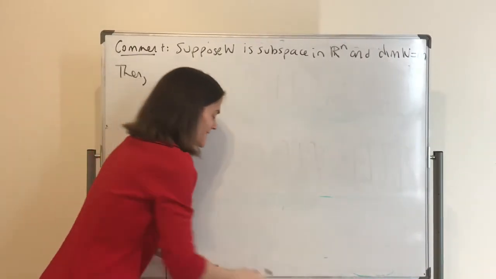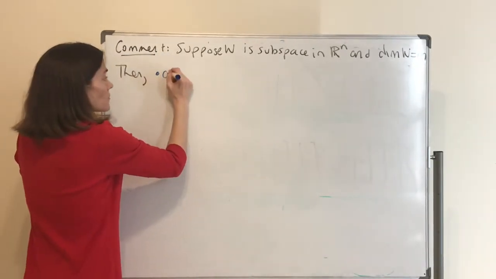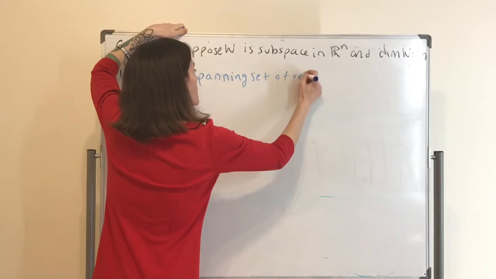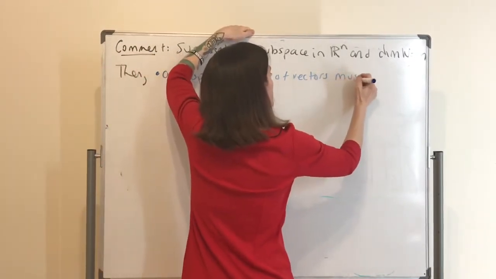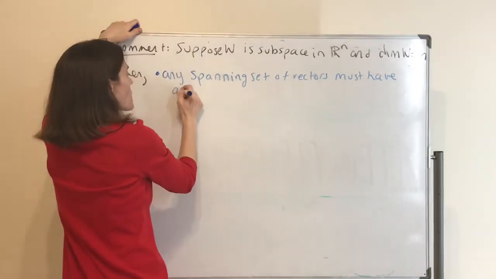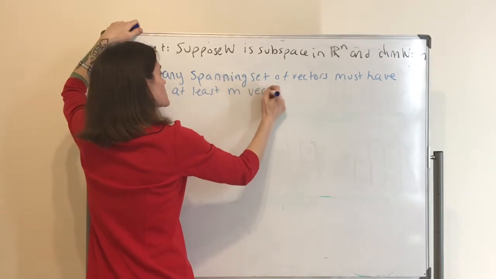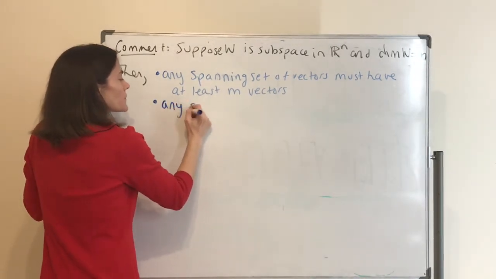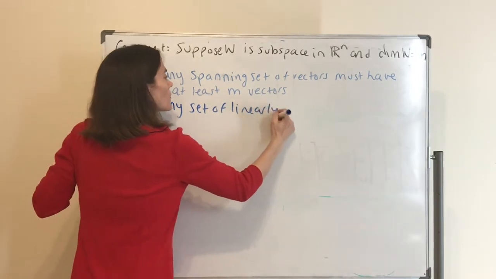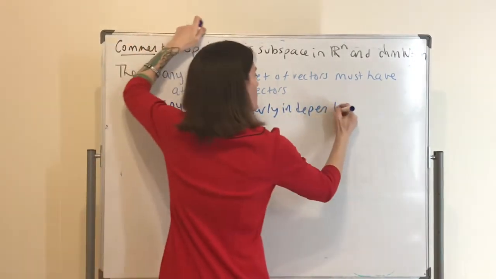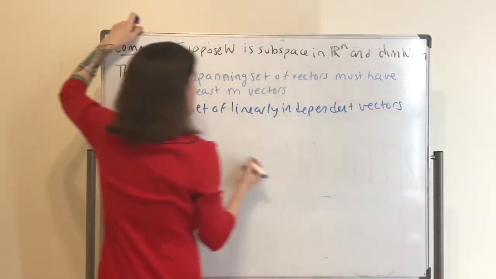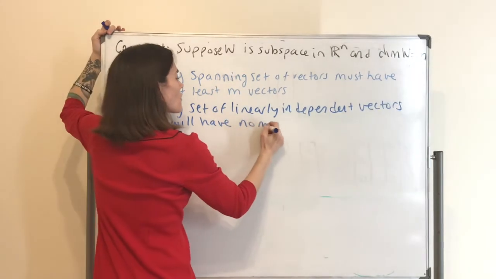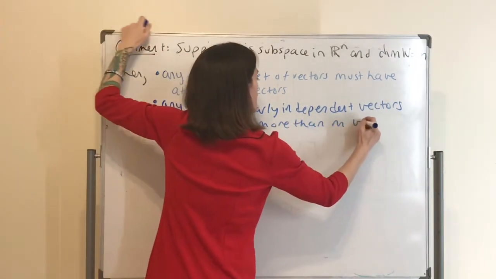there's 2 things here. First, any spanning set must have at least M vectors, and similarly, any collection or any set of linearly independent vectors must have or will have no more than M vectors.